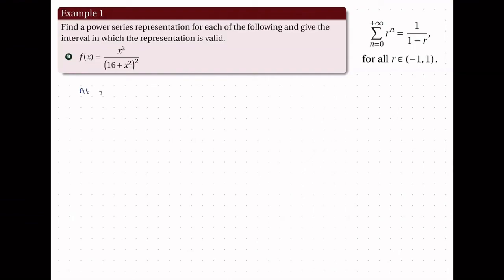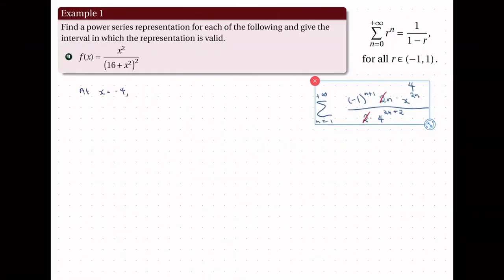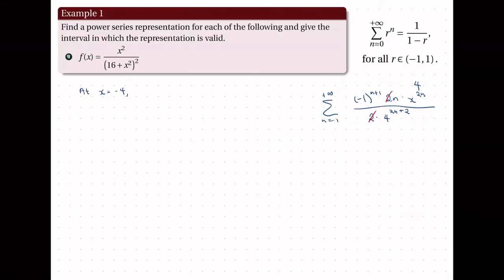So at x equals negative 4, the series becomes summation from n equals 1 to positive infinity of negative 1 raised to n plus 1 times negative 4 raised to 2n over 4 raised to 2n plus 2.